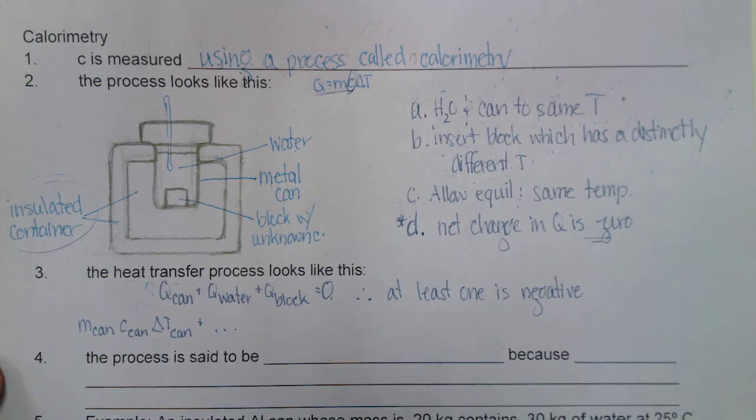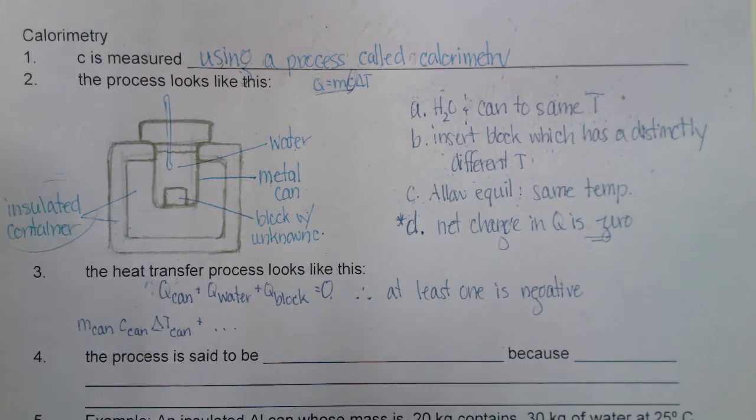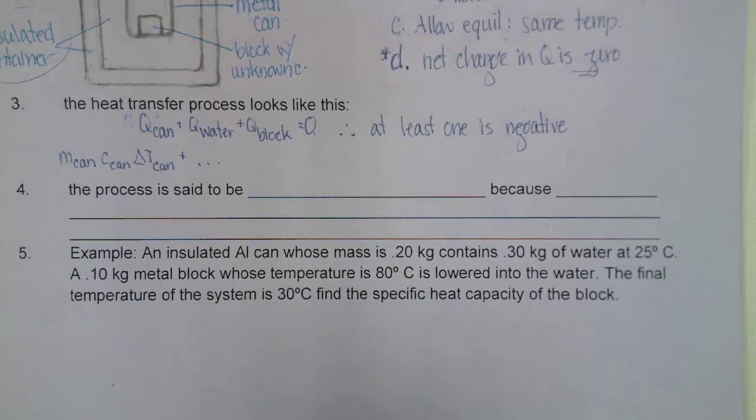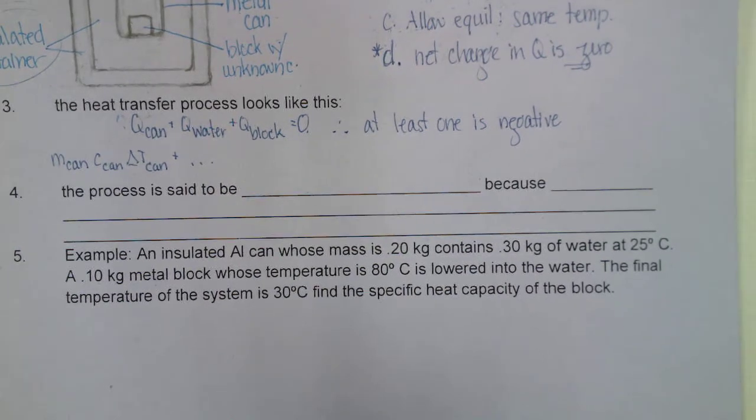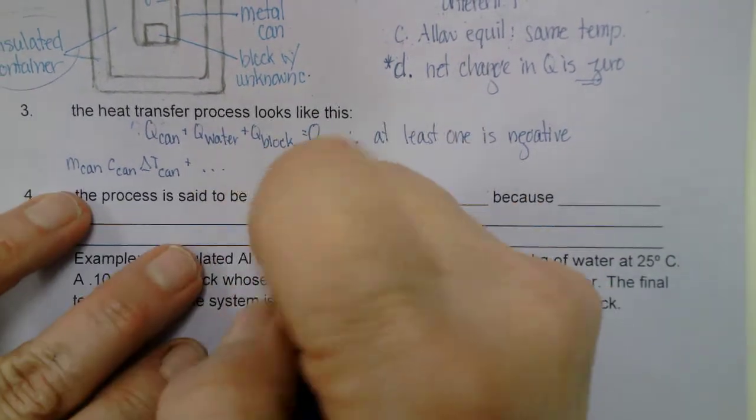So in this case, I have a transfer of thermal energy. I have heat occurring within the system, but not leaking out to or having thermal energy brought in from the environment. The environment is not a part of this process at all. And when everything happens within the system, the process is said to be adiabatic.